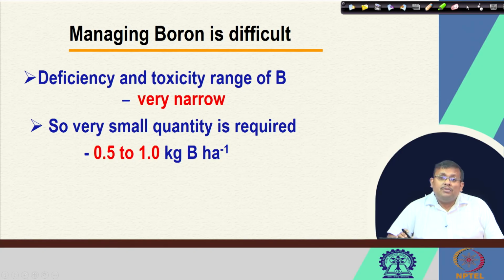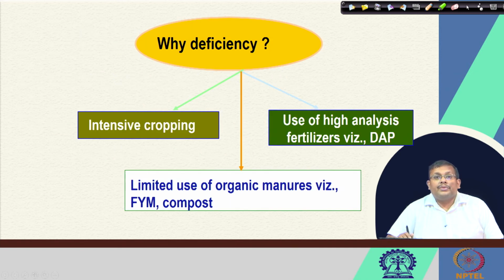Boron management is difficult because the deficiency and toxicity range of boron is very narrow. So, a very small quantity is required, varying from 0.5 to 1 kg of boron per hectare to correct any boron deficiency symptom.